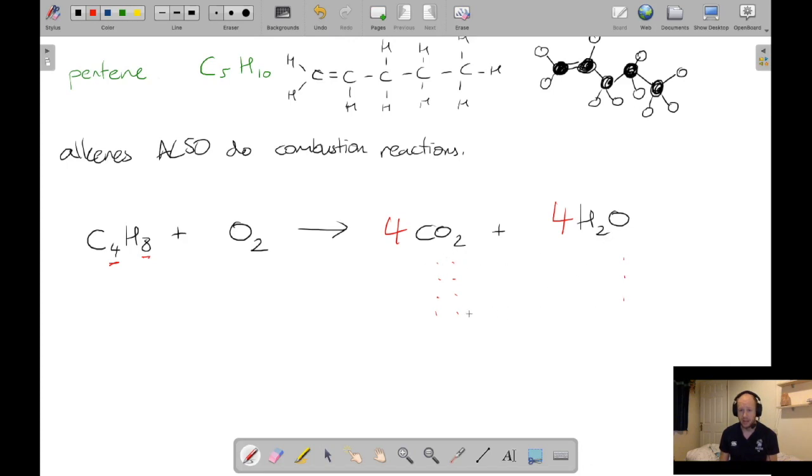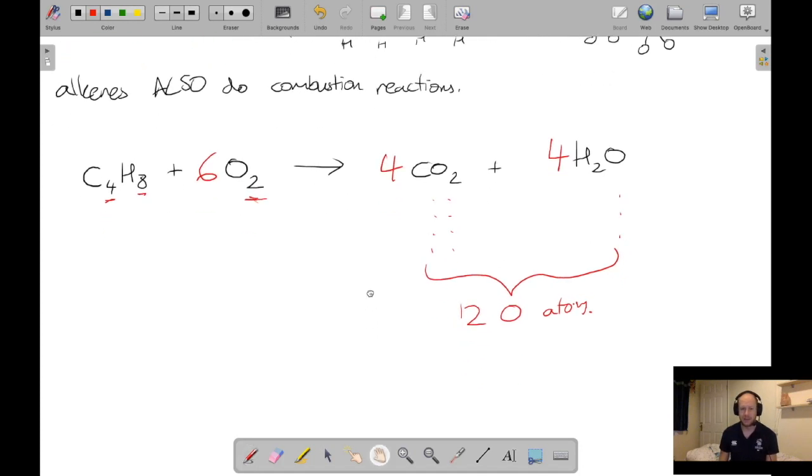So 8 plus 4, 8, 9, 10, 11, 12. So I've got 12 O atoms. Well, I've got an O2 over here, so 12 into 2 is 6. So this is my balanced equation. C4H8 plus 6 O2s makes 4 CO2 plus 4 H2O. Nice, easy balancing equation then.